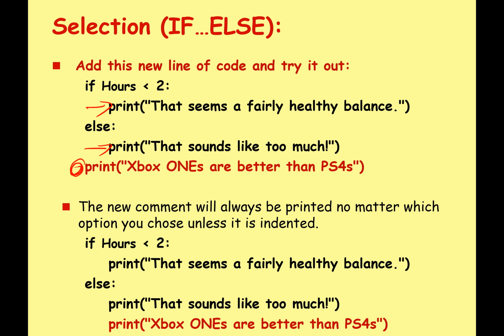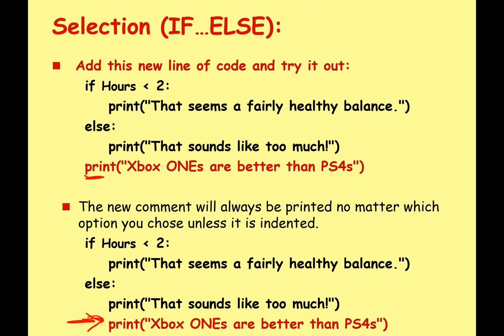Because it's not indented, it always executes, because we've finished the if-else block, and the computer is then continuing with the rest of the program. If we wanted this to only execute with the else code, we would need to indent it, just like we've done down here. So now this won't execute all the time.